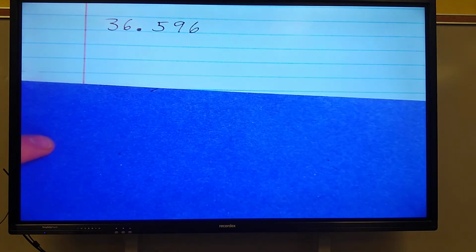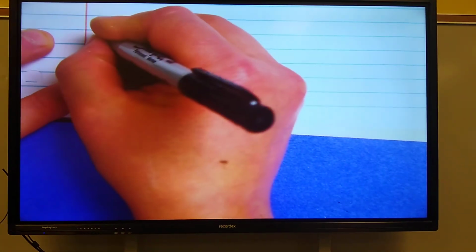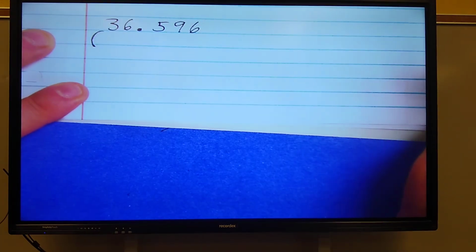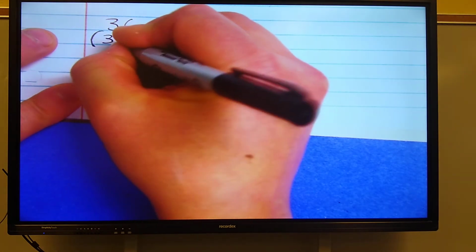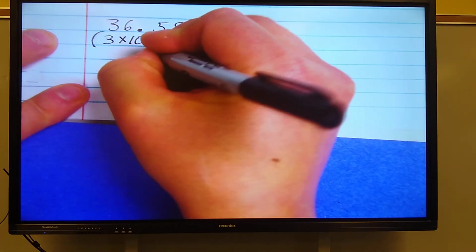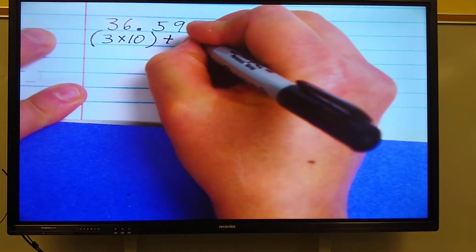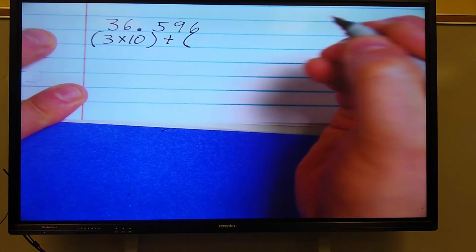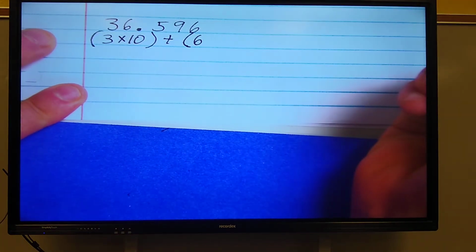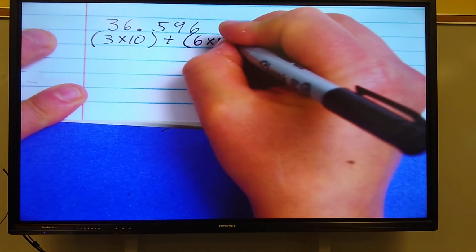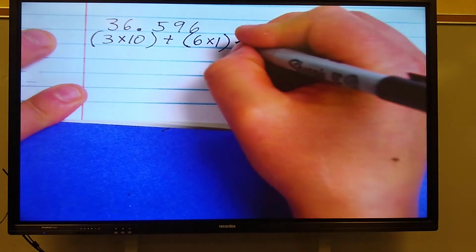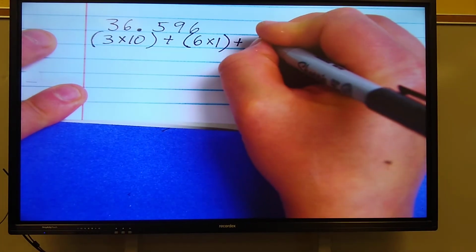All right. The 3 is in the tens place. So 3 times 10. Plus the 6 is in the ones place. So 6 times 1, parentheses. Plus, now we're straight to the decimal.